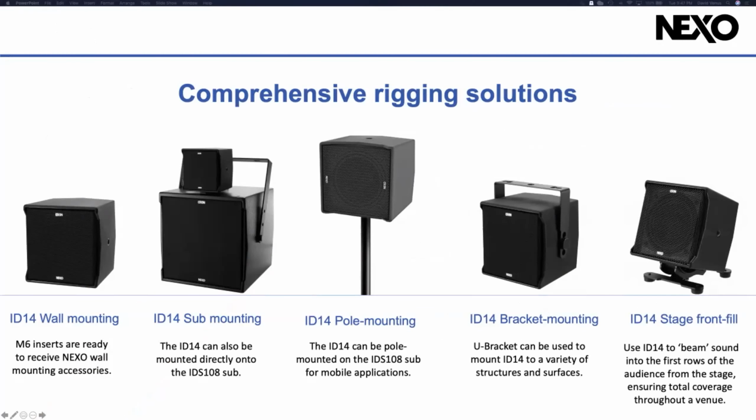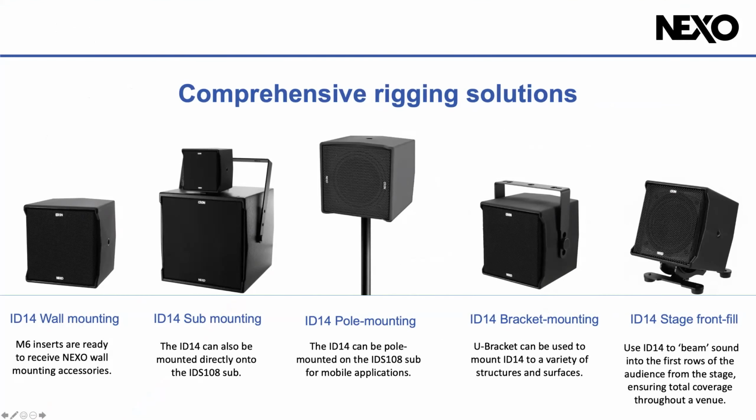Yeah, so Wes did kind of mention, obviously talking about rigging solutions, right? And I think that's something Aaron and I talked about a little bit earlier. I was actually going to share my screen here real quick again. So when you look at the ID series as a whole, there is a ton of rigging applications for this.